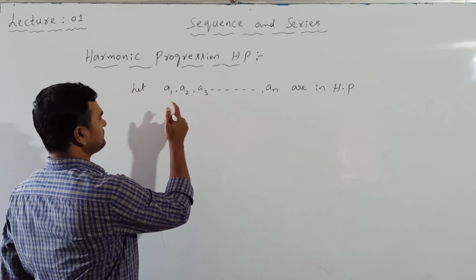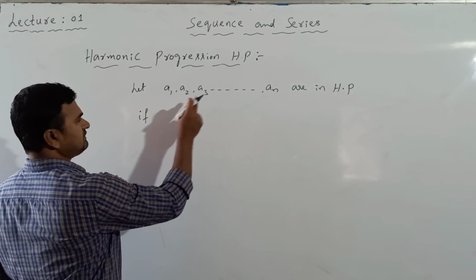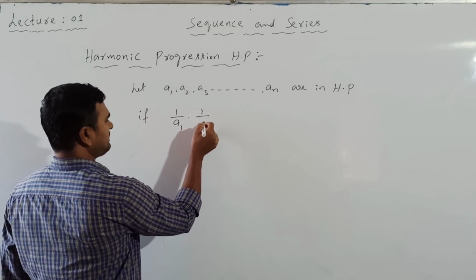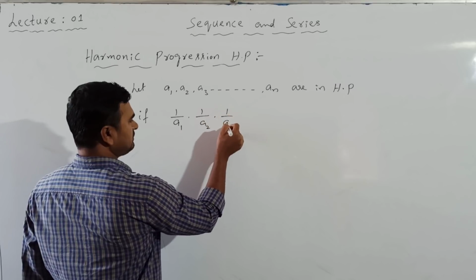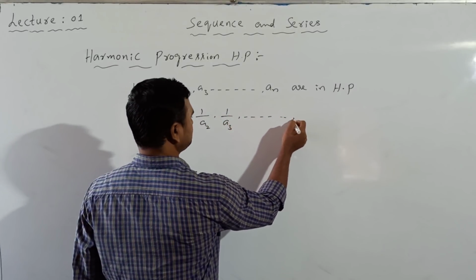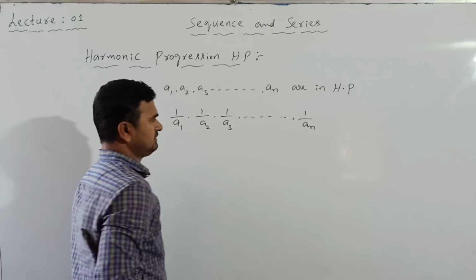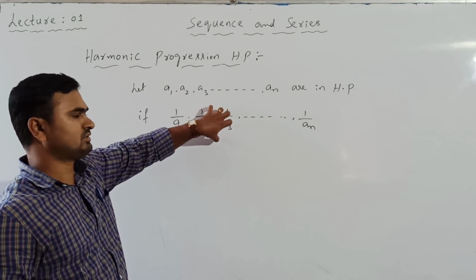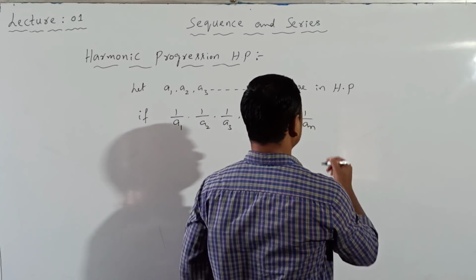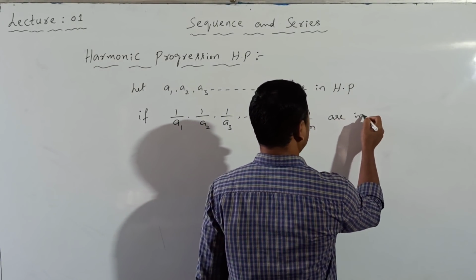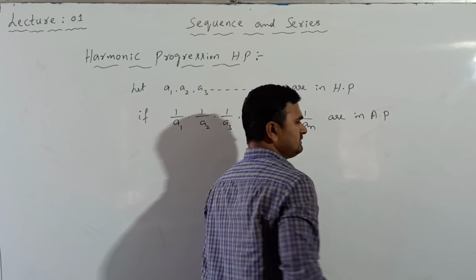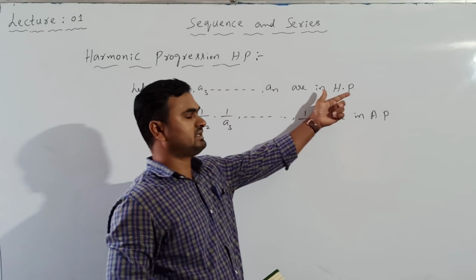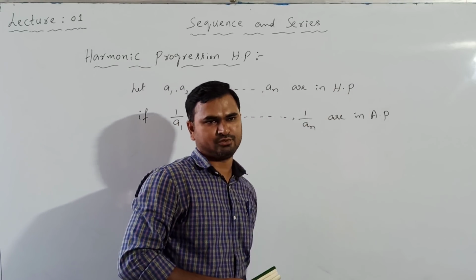So if we take the reciprocals, that is 1 by a1, 1 by a2, 1 by a3 and so on, 1 by an, these terms will be in harmonic progression only if the reciprocal terms are in arithmetic progression. So if these terms are in AP, then these terms are said to be in harmonic progression.